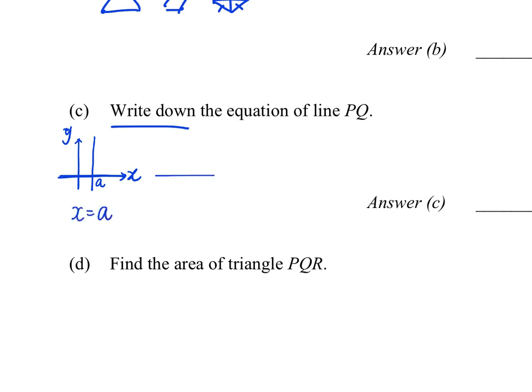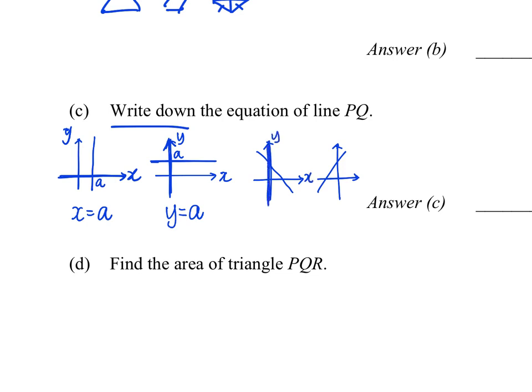Okay, the second type is a horizontal line. A horizontal line cuts the y-axis at a particular number. So if it only cuts the y-axis, then the equation will have only the letter y. So it will be y equals a, for example. But when we have a slanted line, for example like this, or the other way round, going up, it cuts both the x and the y axis.